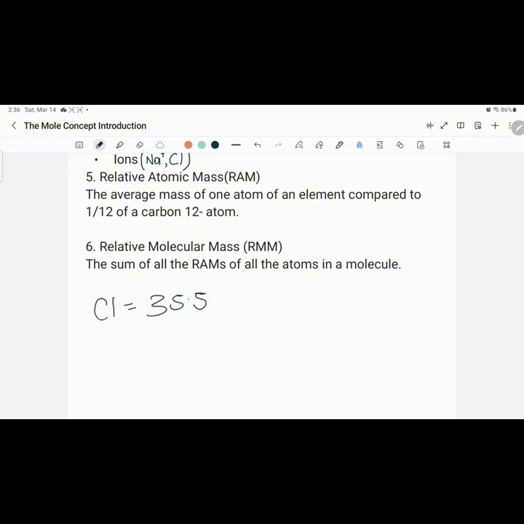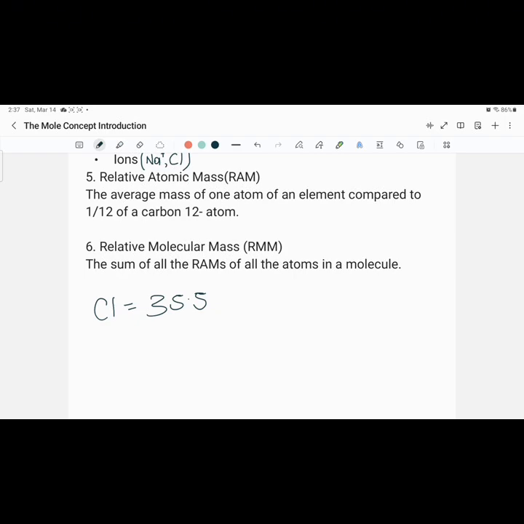How we come about with this value is because chlorine has 2 isotopes. If we want to find the average of something, we basically add the masses of the 2 isotopes and then divide by 2. Then we found that the average atomic mass, or the relative atomic mass, is 35.5.